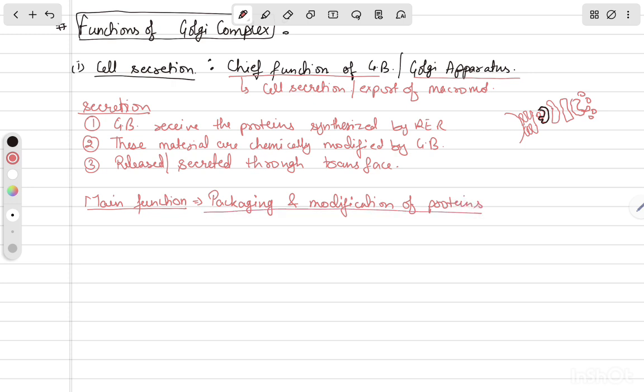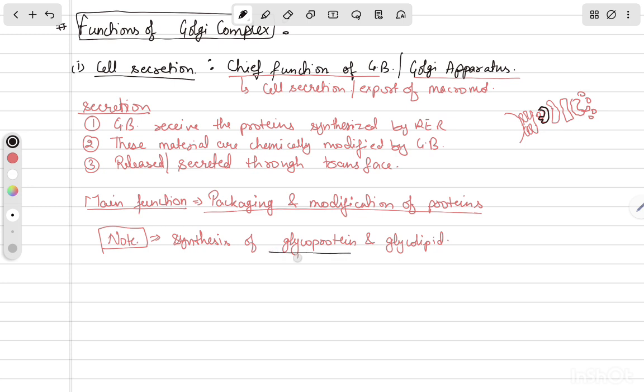Now in this, special note is synthesis of glycoprotein and glycolipid is also the function of Golgi apparatus.